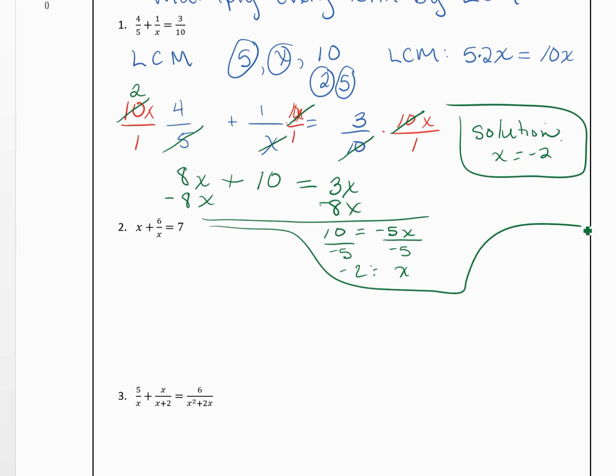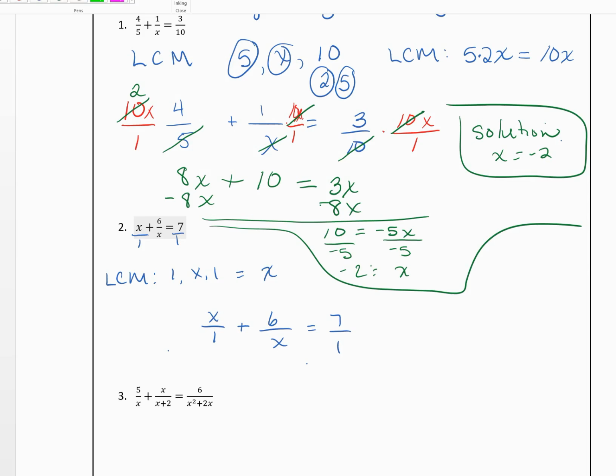Okay, let's look at this next one. x plus 6 over x equals 7. So we want the LCM. Remember, this is like x over 1 and 7 over 1. So we want the LCM of 1, x, and 1. Well, that's just going to be x times 1, or x. So we have x over 1 plus 6 over x equals 7 over 1, and we want to multiply every term by x, or x over 1.